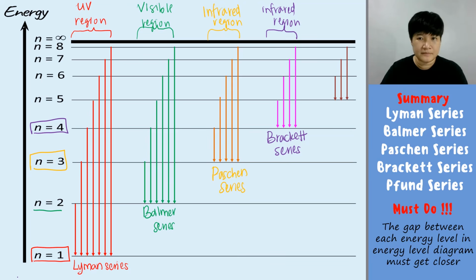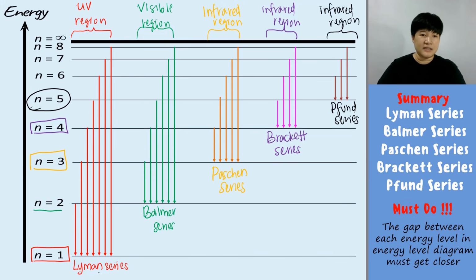Okay. Last but not least, when all the electrons drop to n equals 5 as the final energy level, that is your Pfund series. And in this Pfund series, all the light produced will again be in the infrared region.